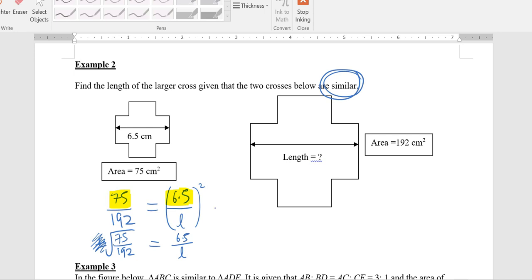So we can calculate square root of 75 over 192, and you will get the value 0.625 equals 6.5 over L. You can do a simple cross multiplying and simplify to get the length to be 10.4 cm exactly.